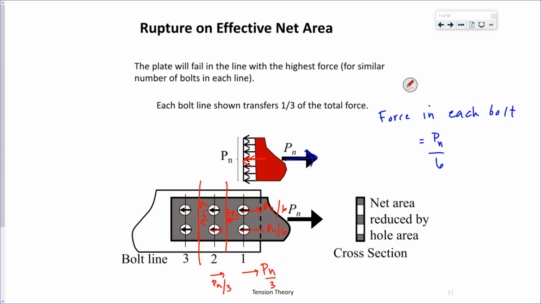And now acting on the bolt line, I have Pn over 3 acting to the right, plus Pn over 3 in the plate acting to the left. I have no force in the plate after bolt line 3.